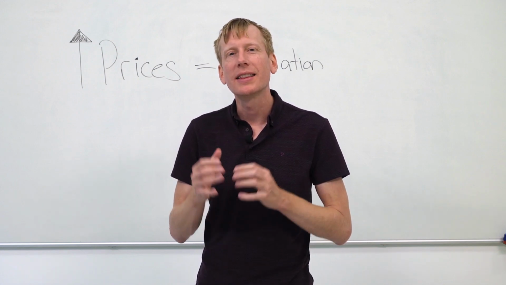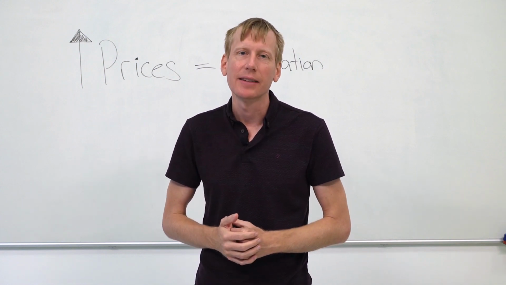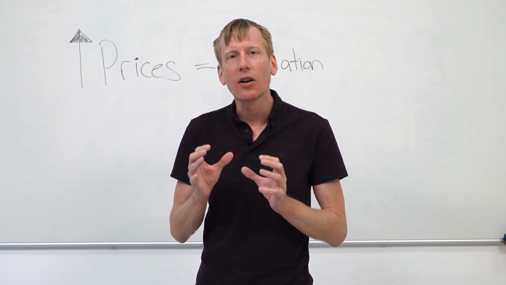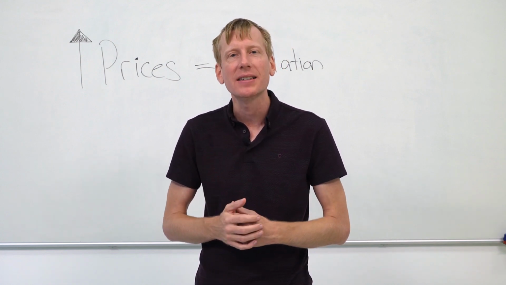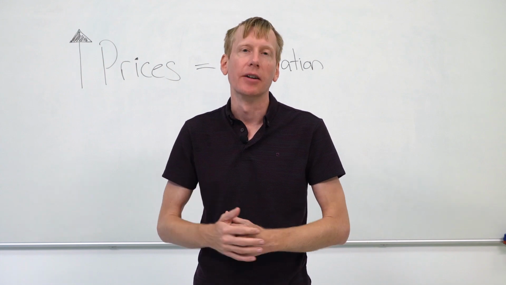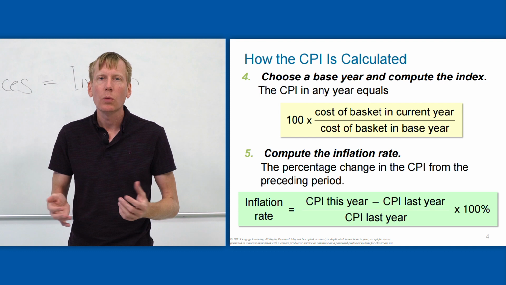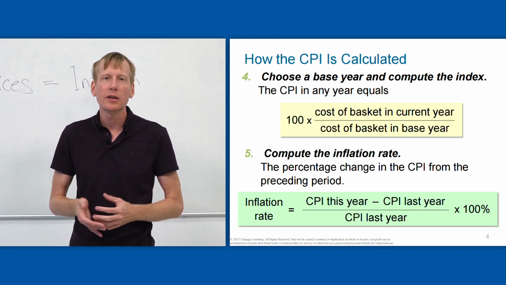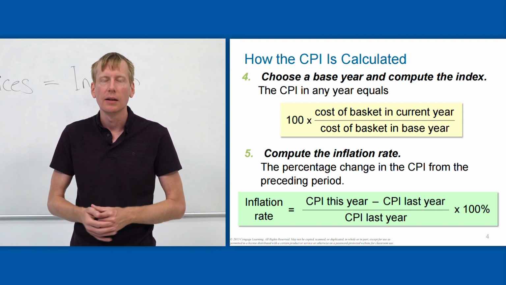Now, that's not quite the same as the CPI. In order to calculate the CPI, once we have a cost of the basket, we need to compare the cost of that basket now to the cost of that basket in some base year. Fundamentally, for calculating a CPI, it doesn't matter which year we assume is the base year. It could be any year. It could be 2000, 2010, 2013.